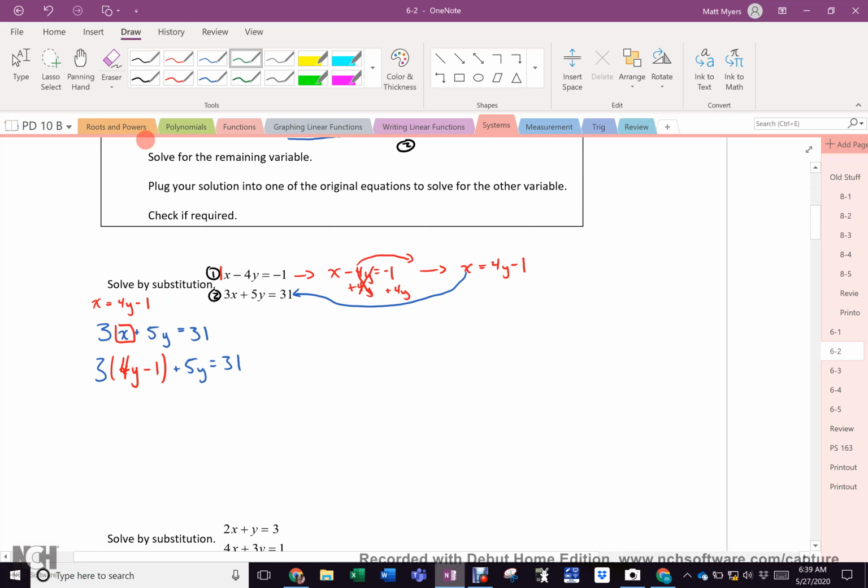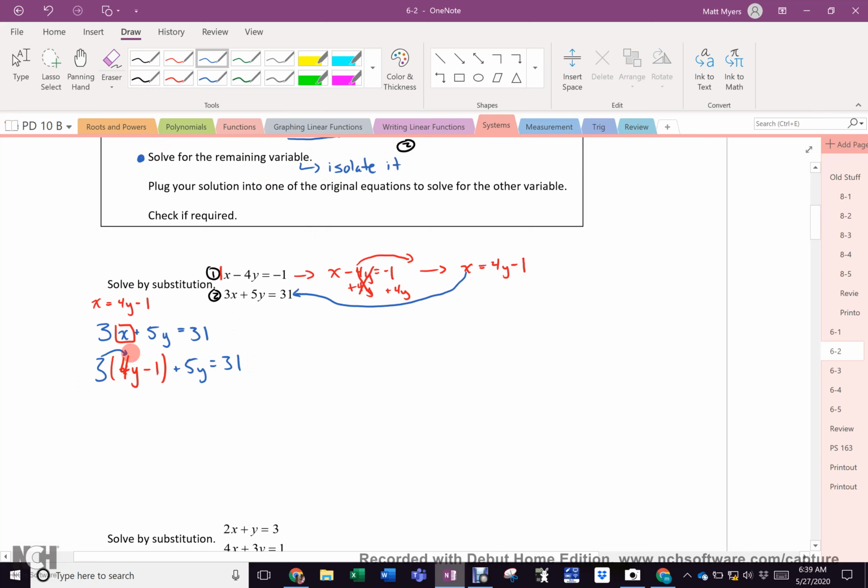And then I solve for that remaining variable. I keep doing that in blue. So I'm going to get rid of this by solving for y. And remember, solving for the other variable means isolate it. So now I've got to isolate y.